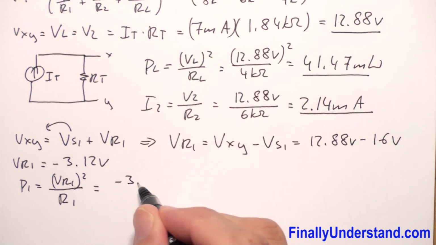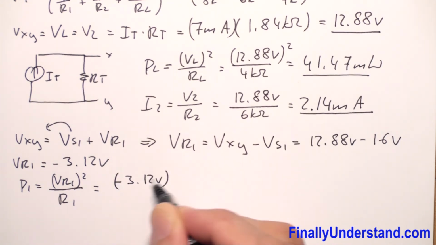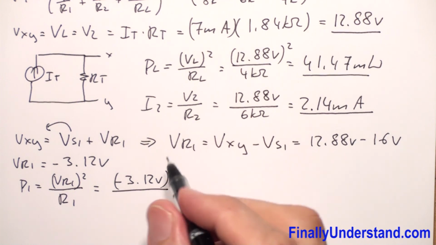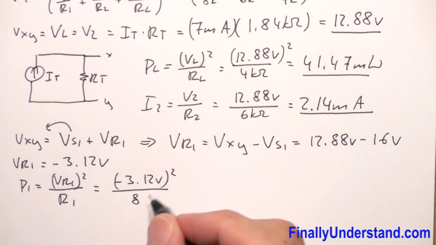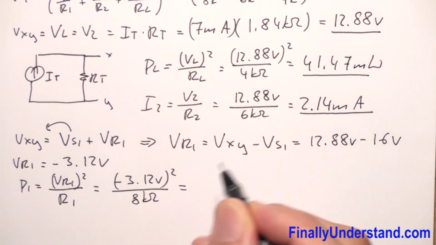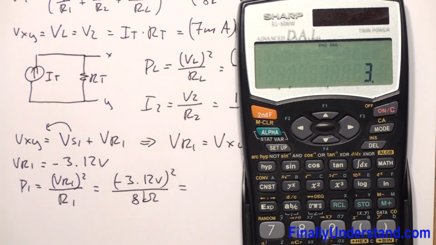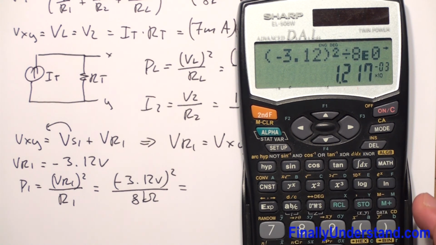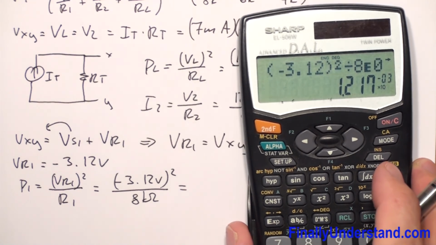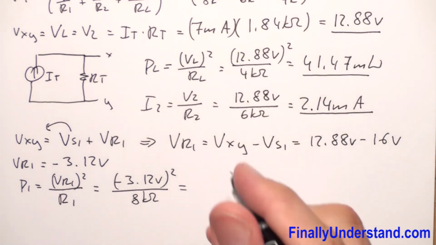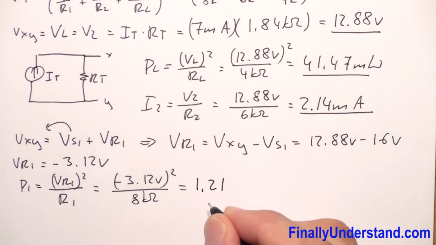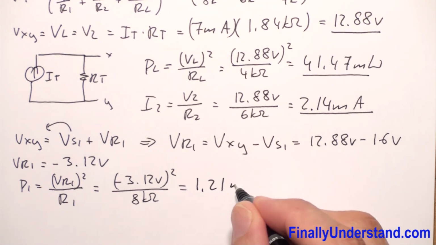So I have negative 3.12 volts to the second power over R1, which is equal to 8 kilo ohms. This is equal to negative 3.12 to the second power divided by 8 exponent 3. This equals 1.21 milliwatts.